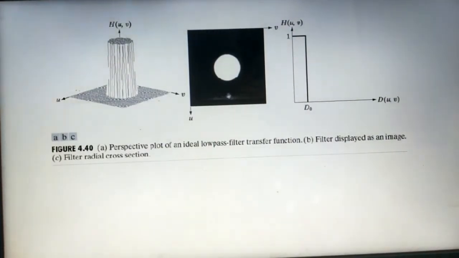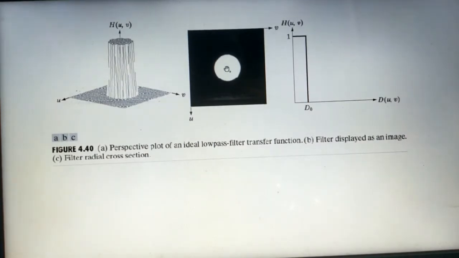This is the image plot of the frequency response. So this is the u axis and this is the v axis. u varies from 0 to p minus 1, v varies from 0 to q minus 1. This is the whole range of the u axis and v axis.